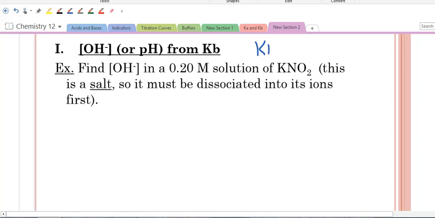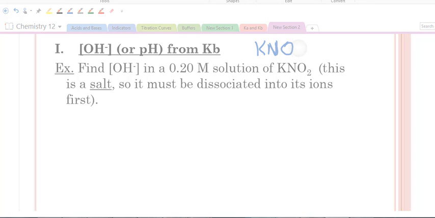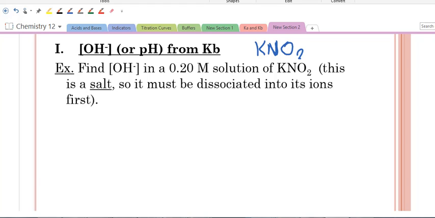So if KNO2 is put in water, you will get potassium ions and the nitrate minus ions.